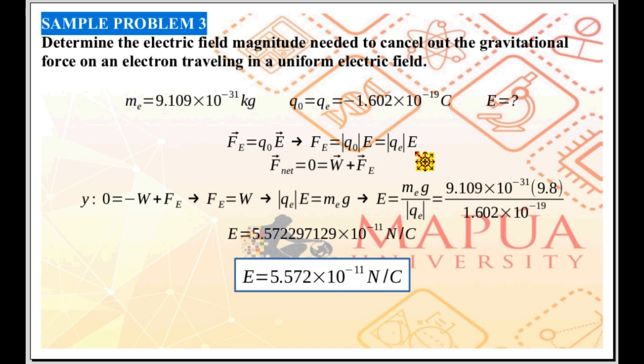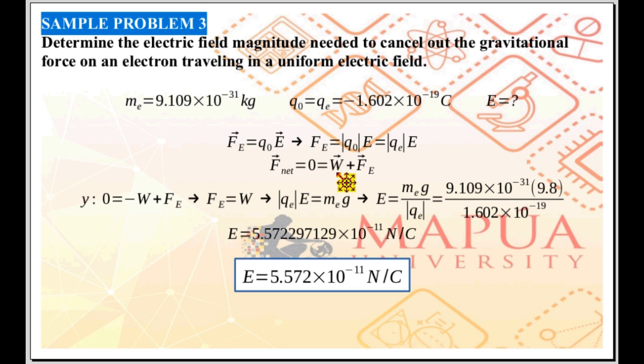Now, there are two forces acting on the electron, the weight of the electron and the force applied by the uniform electric field. So, F net is equal to weight plus Fe. And the problem tells us that the electric force applied by the uniform electric field will cancel out the gravitational force. So F net is equal to 0.